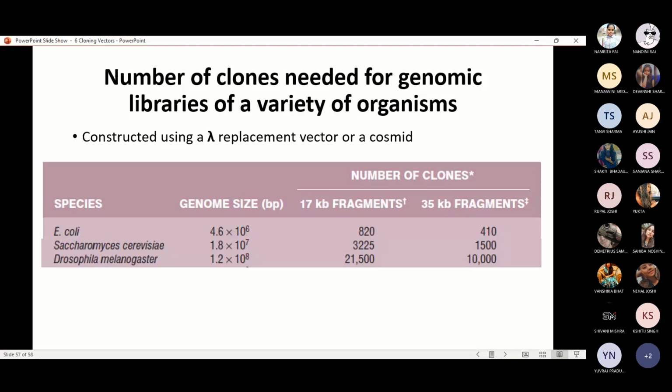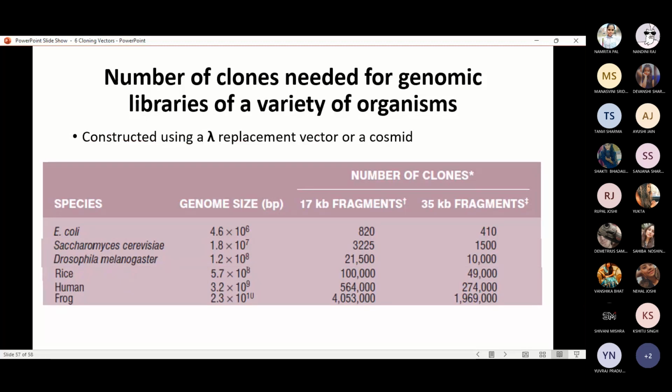Then comes the question of how many clones you need if you fragment the genome. As I mentioned, the size of the E. coli genome is around 5,000 kilobase pairs. In a plasmid, we can clone only about 7.5 kb.